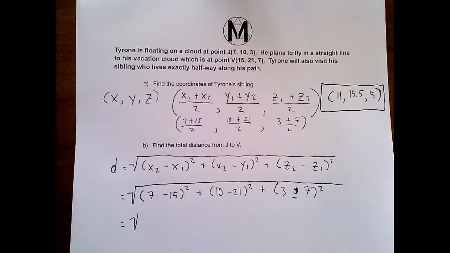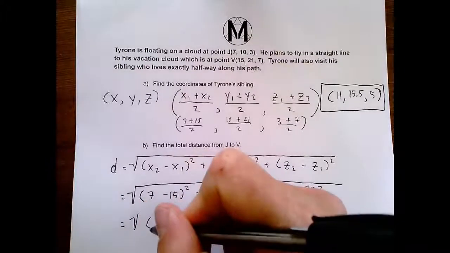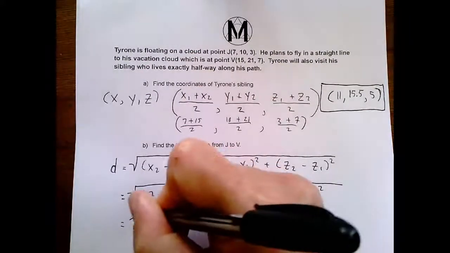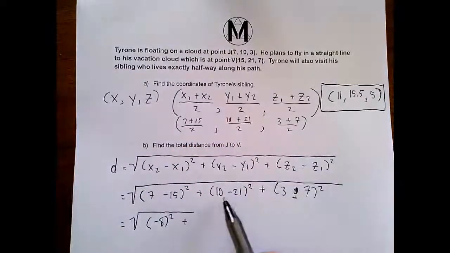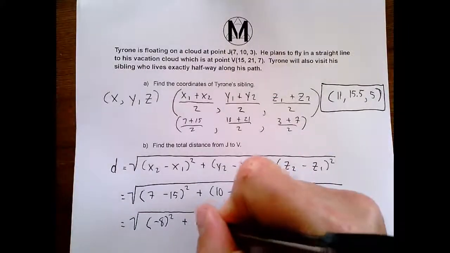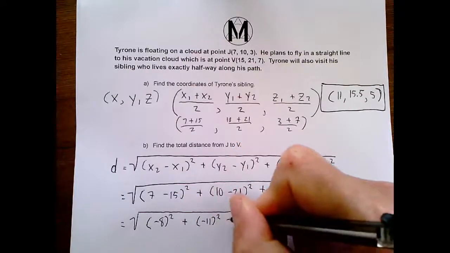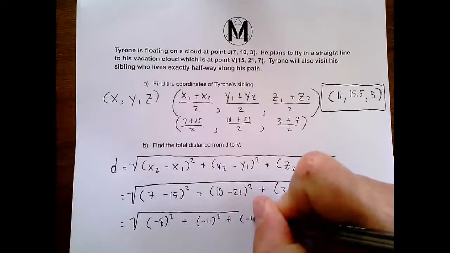7 minus 15 would be negative 8, right? So I just write negative 8 squared, and I'll start building this along. And I'm going to add that. 10 minus 21 is negative 11, and that's going to be squared. I'll keep it going. And 3 minus 7 is negative 4. Okay.